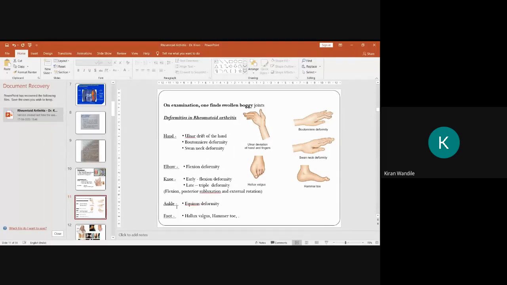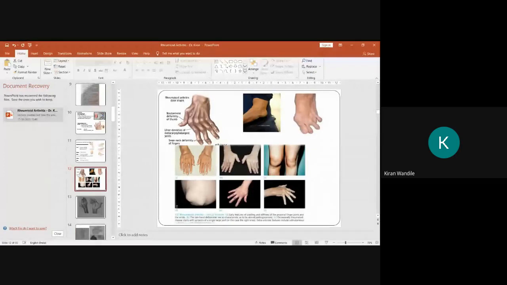So these are the various deformities, so you can see the various deformity. In the first picture you can see rheumatoid arthritis in a late stage where there is a Boutonniere deformity of thumb, ulnar deviation of metacarpophalangeal joints, and swan neck deformity of fingers.